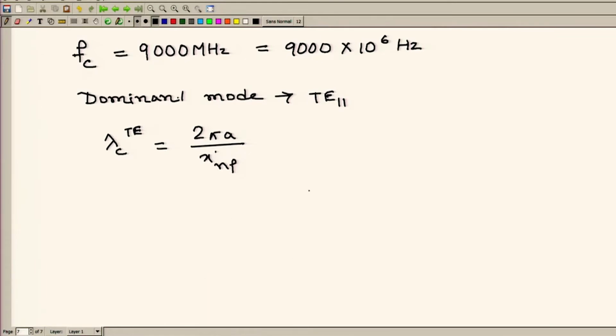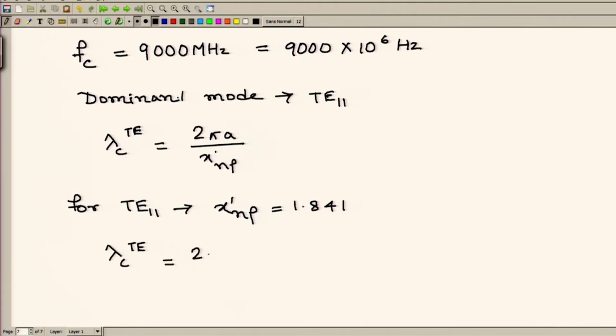So for TE11, we know x n rho dash is given as 1.841. So we will have lambda c TE as 2 pi a upon 1.841.